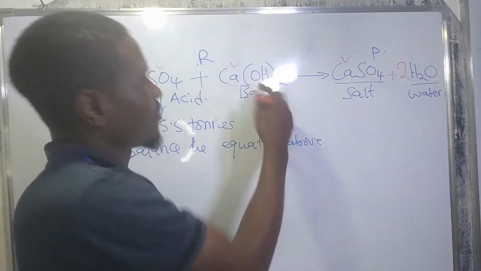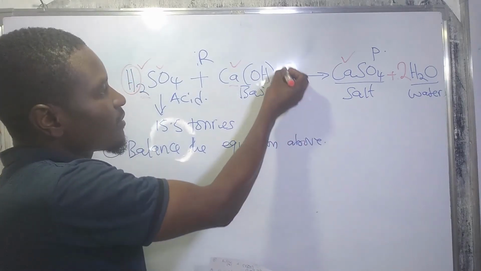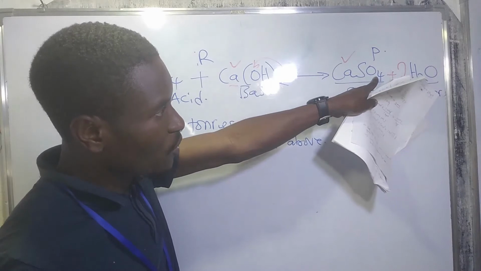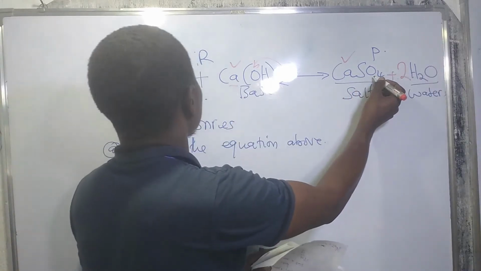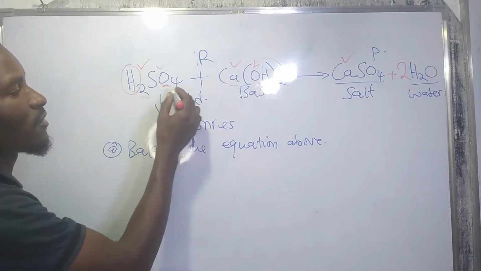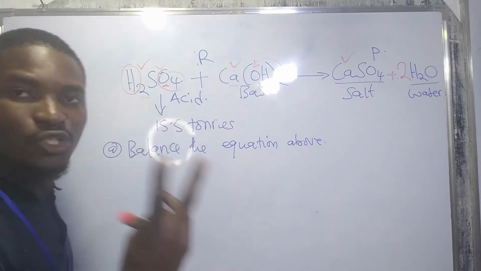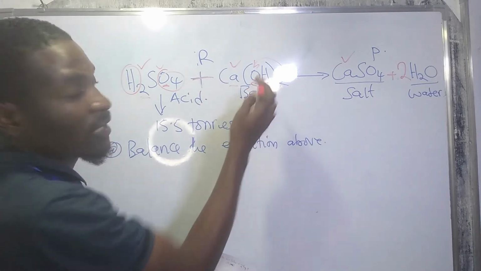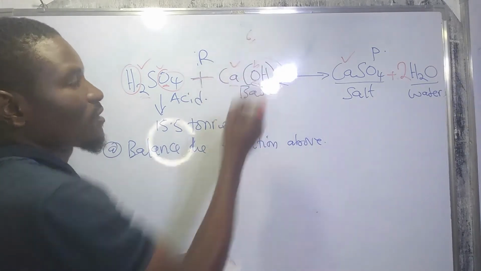And then the oxygen. These 2 inside the brackets also represent oxygen. On the reactant side we have 4 atoms of oxygen plus these 2 atoms of oxygen, so oxygen is 6.